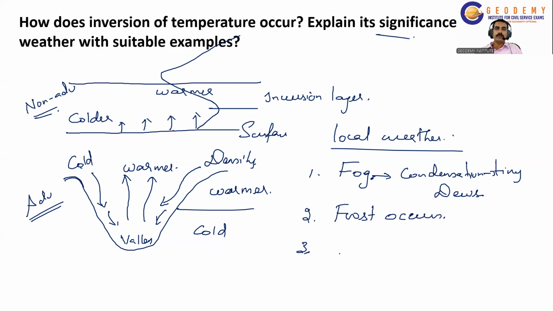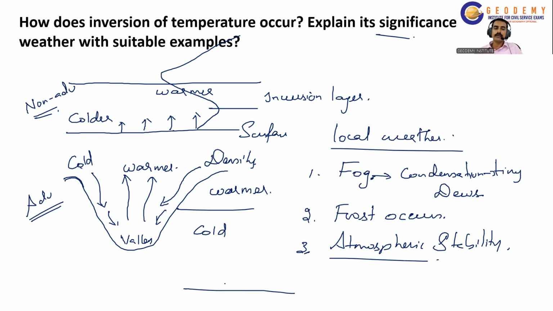And then the third main thing is atmospheric stability. Atmospheric instability means the air mass will rise above, and if it has moisture content, it will condense and give rainfall. Atmospheric stability is when the cold air occupies the lower part nearer to the surface and the warmer air lies above.